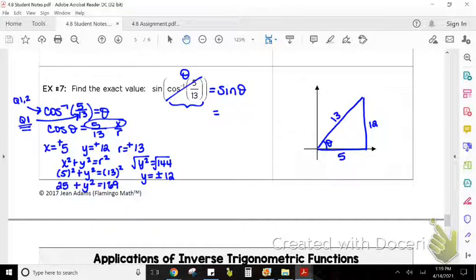But either way we do it, what is sine in terms of x, y, and r? Y over r. And what is my y value? 12. 12 over, what's my r value? 13. So 12 over 13 is our answer. We don't actually have to know what theta is to solve this. We just need to find our x or y and our r.